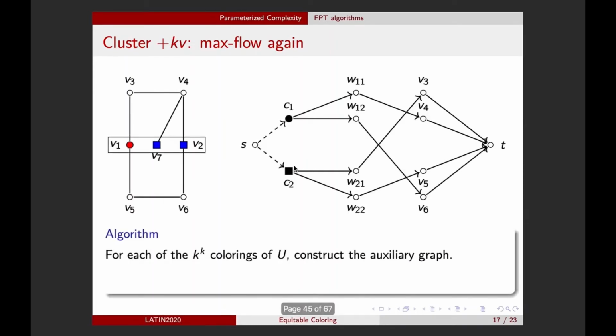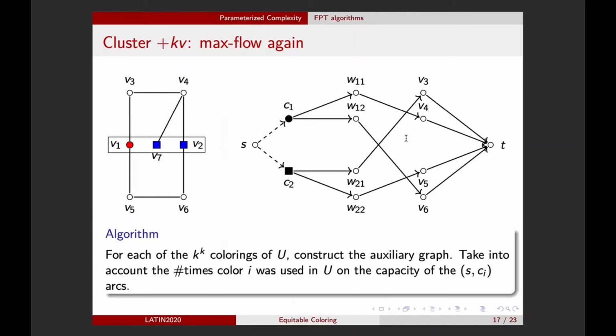For each possible coloring, we construct the flow network we described before, the exact same flow network, because it solves the problem of deciding whether or not a given coloring of the modulator can be extended to the satellite cliques, the clusters themselves. And that's it. We just have to be a bit careful with the capacities of the SC arcs, but that's really simple. It's as you think it should be. It's not going to be very hard.